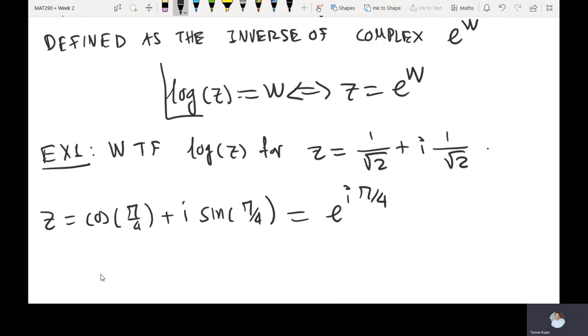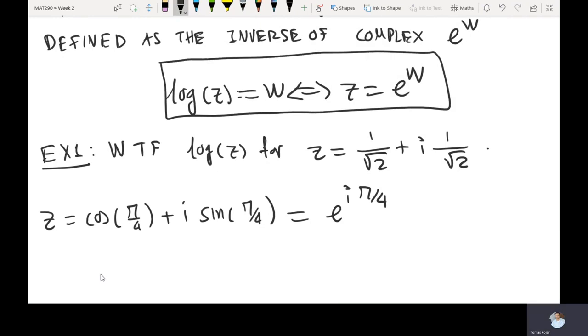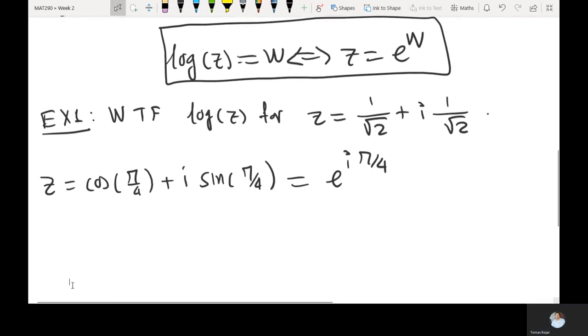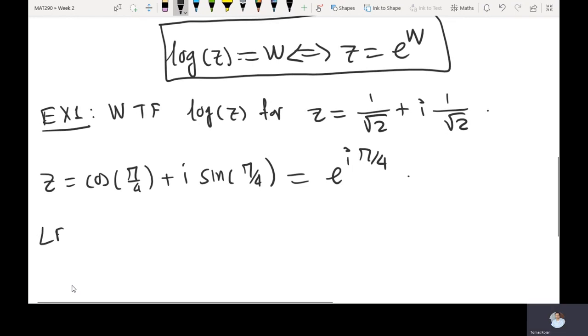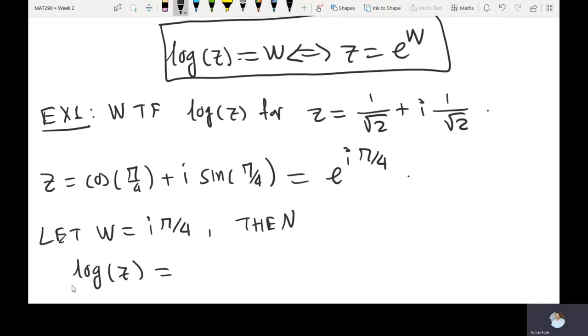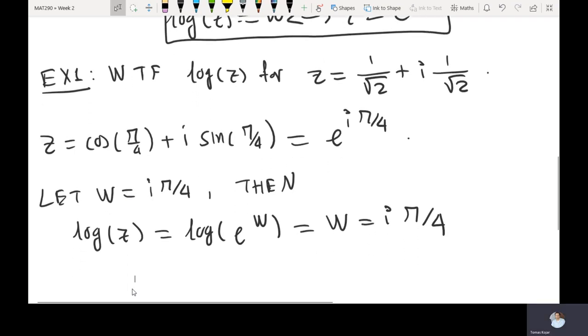Okay, so we go back to our definition. Let w equal i pi over 4. Then log of z is equal to log of e to the w, which is equal to w, i pi over 4. Okay, so that's a simple example.